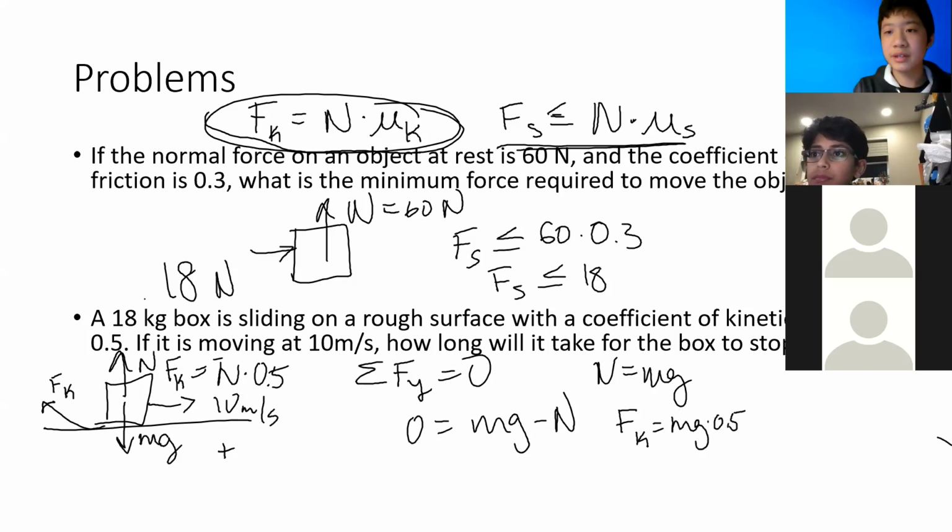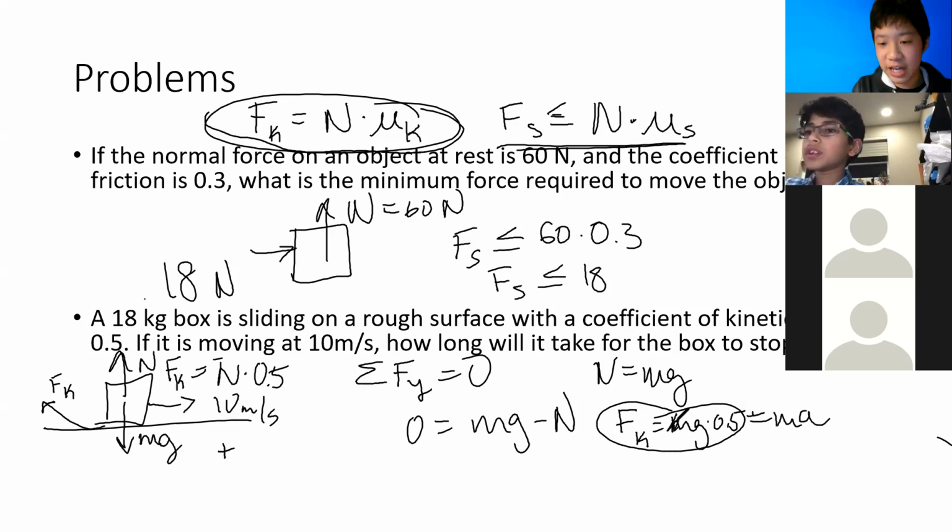Using this, we can solve for the acceleration of our object, since F equals ma. Since our friction force is the only force being applied on this object, we can just directly plug this into F equals ma. So all this equals ma.